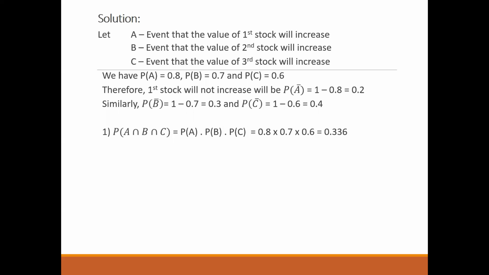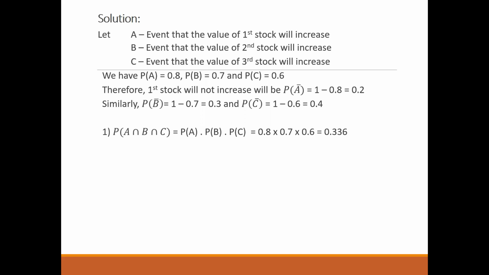Okay, for the second one, where we are going to find out the probability that at least two stocks will increase, that means one of the stocks, either it can be A, B, or C, is not going to increase. The other two are going to increase. Now, in this case, we need to make use of PA bar, or PB bar and PC bar. Fine? And because we have three different events that can occur, there'll be a combination. So there can be an OR condition here.